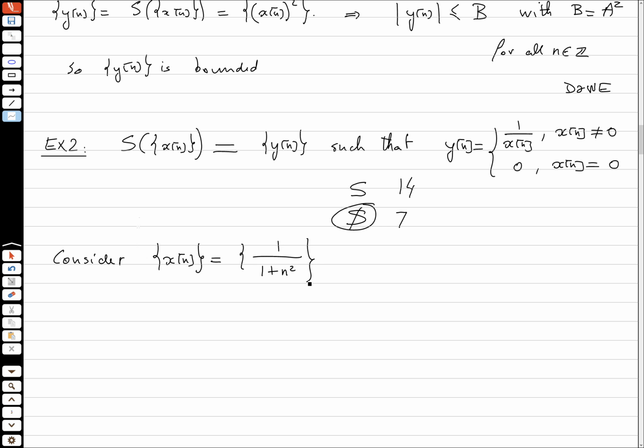Yes, it's less than 1. When you divide 1 by a number that is larger than 1, you get something less than 1, right? Because x of n is less than 1, right? But what is y of n?